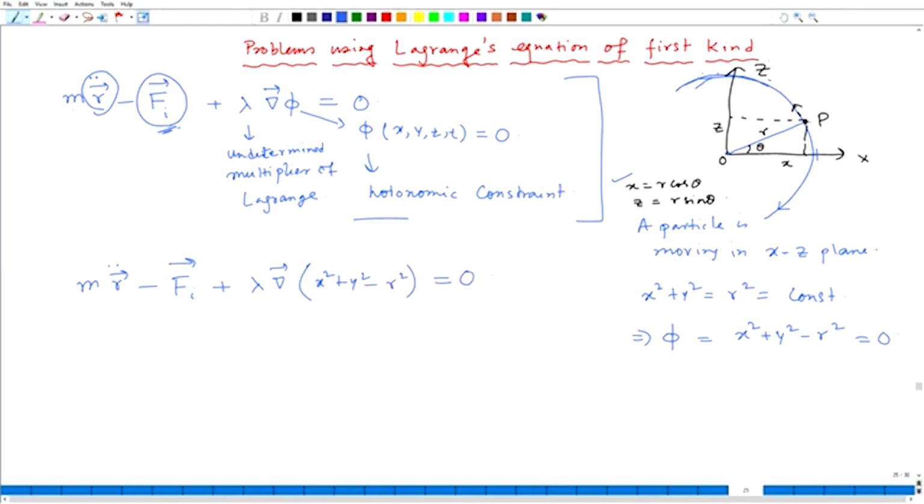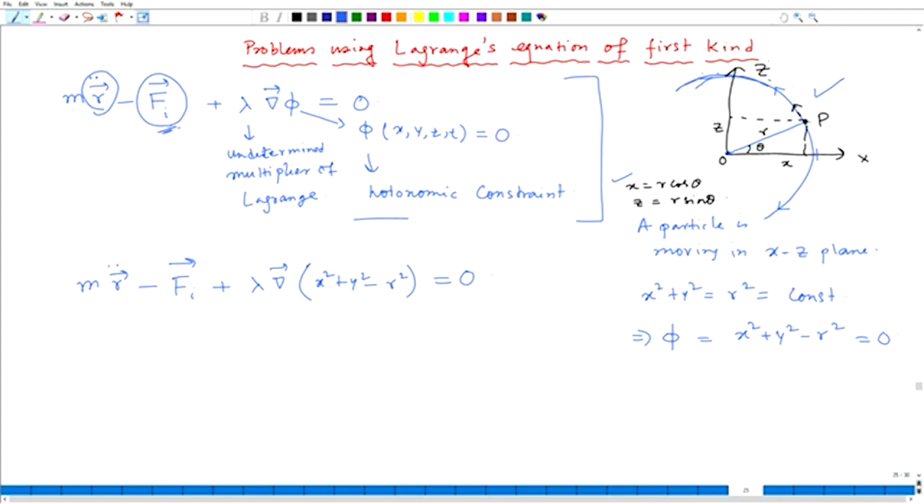Here I am just telling that it is moving in a plane, and for this type of motion I am not saying that any force is acting other than the force of constraint. I do not know whether there is any force field.